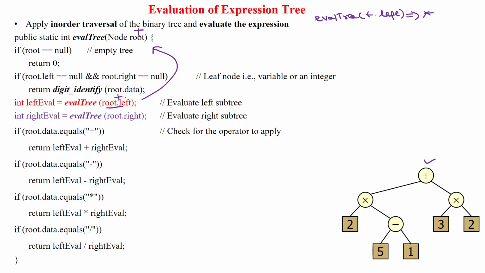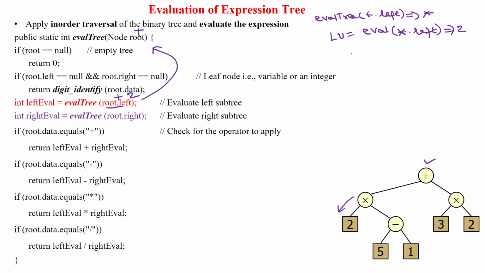So now the evaluation tree, again we have to call evaluation of multiplication mark dot left. Multiplication mark dot left is 2. So now we are passing the 2. Then here we will get the left value equal to 2.